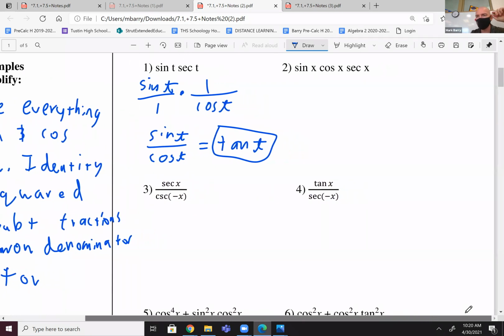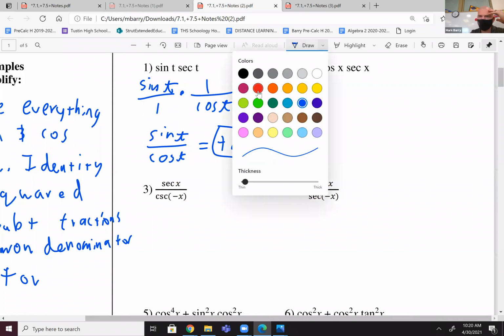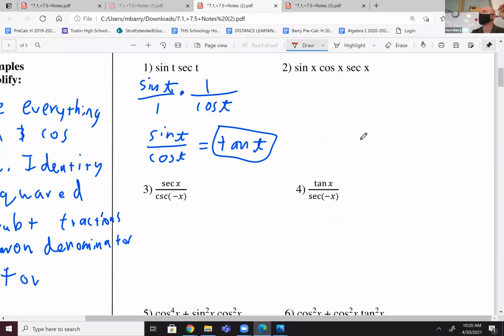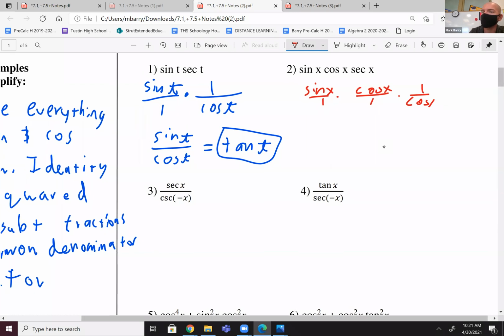All right, so let's move on to number 2. Can we change everything into sine and cosine? I would say we can change one thing. I'm going to keep this as sine x, and I'll put it over 1. We'll do this one as cosine x, and we'll do this one as 1/cosine of x.